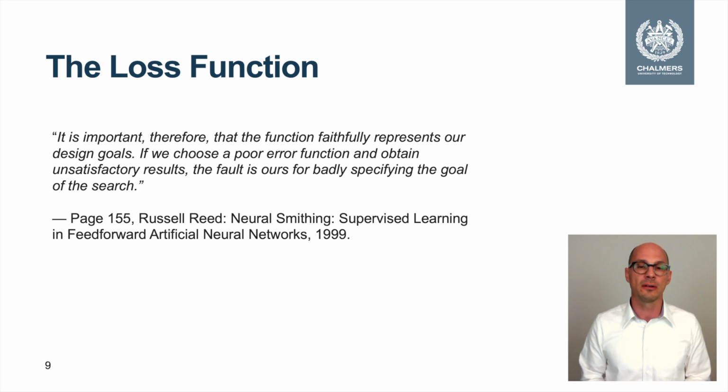If we choose a poor error function and obtain unsatisfactory results, the fault is ours for badly specifying the goal of the search." Quote off. So if machine learning fails in a specific task, it is not machine learning to be blamed, but rather the person that operated the machine learning method.